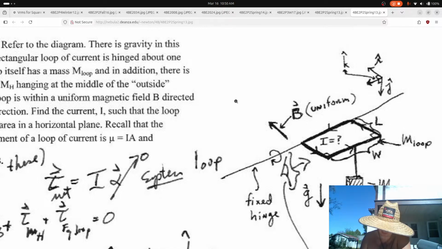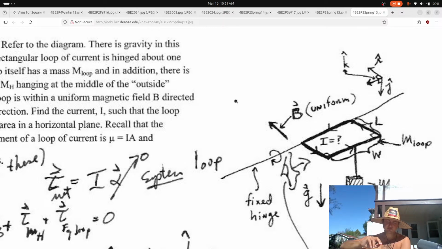And then the force applied is going to be Fg is equal to mg. So this is going to be mg. So this is going to be k hat, minus k hat LMG over 2. Or L m loop. So this is, okay, so then minus k L m loop G over 2.